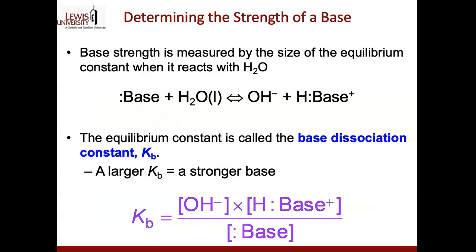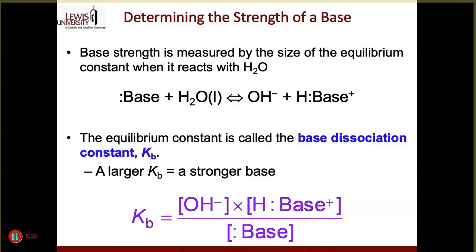We can also look at the strength of a base by looking at the equilibrium. So if we're looking at a base and its interaction with water, this is our base here, and it's going to pick up a proton from water, which is acting as an acid in this instance. And as a result, we'll create this conjugate base and conjugate acid pair, right?